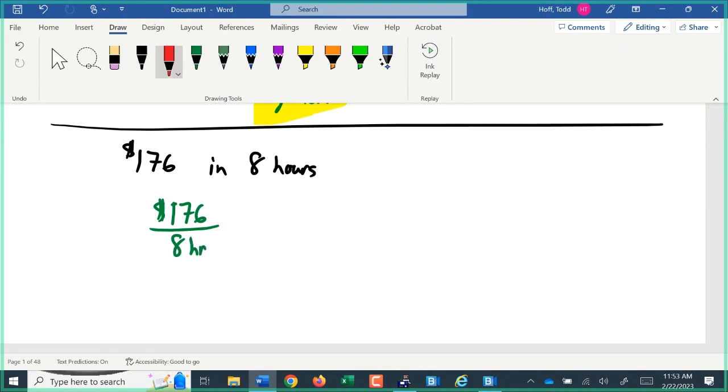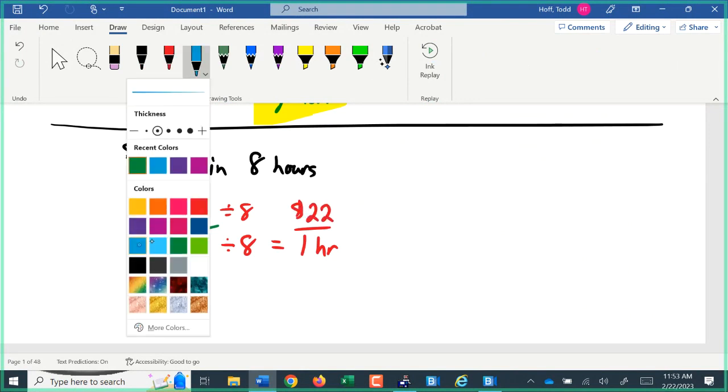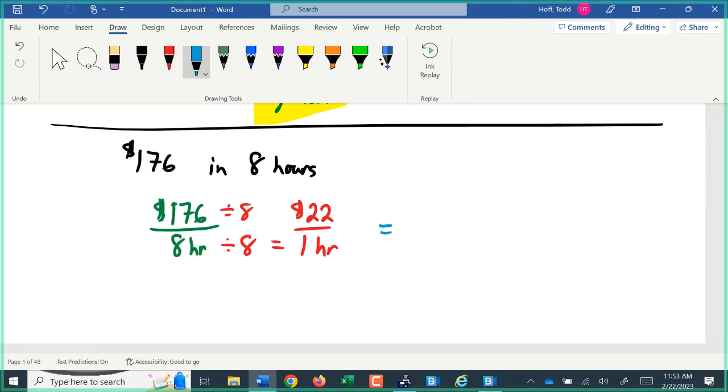Now we want to make it a unit rate. Remember, almost all rates are expressed as unit rates, so that second number has to be reduced to a 1. So we're going to divide by 8. 8 hours divided by 8 is 1 hour. $176 divided by 8 is $22. And of course, we would get rid of that fractional form and write it as $22 per hour, like that.